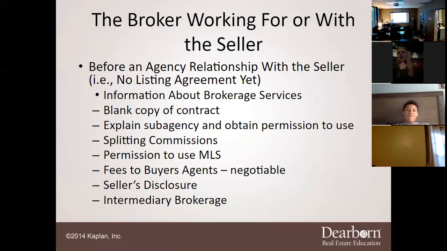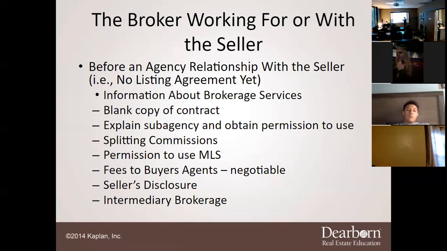I gotta explain subagency and obtain permission to use that agency. I gotta explain to them the splitting of the commissions. A lot of clients don't understand the splitting of commissions. Why am I paying you 6%? Well, I don't get the full 6. It was 3 and 3, or it could differ, but you have to explain that commission to your client.